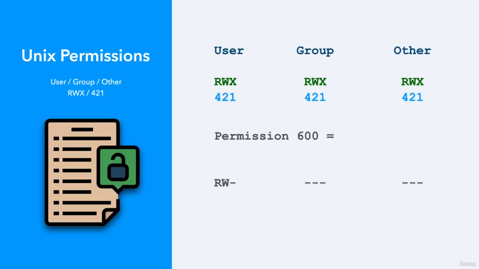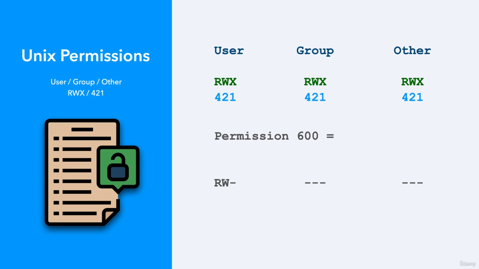Let's use a variation of the parameters on the file module. We're going to tell it to set the mode of the file to 600. For those of you who are new to Unix, a Unix permission has three components: user, i.e. the user who you are; group, the group in which the file is permissioned against; and other, i.e. everyone else.